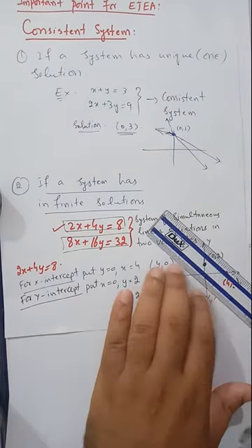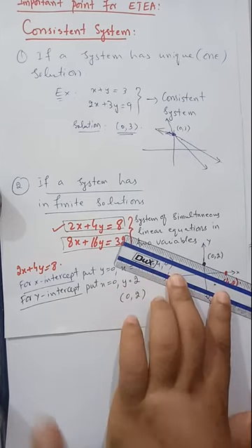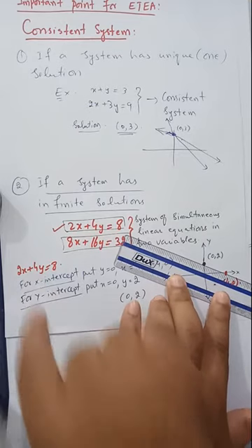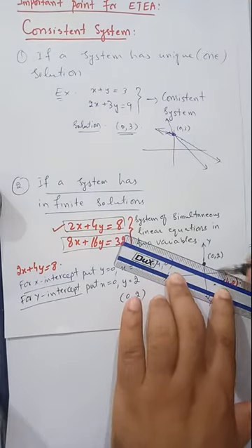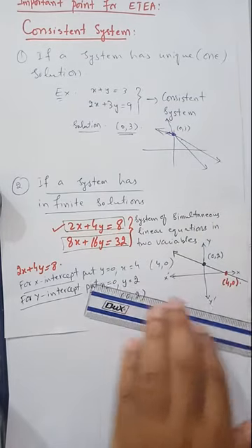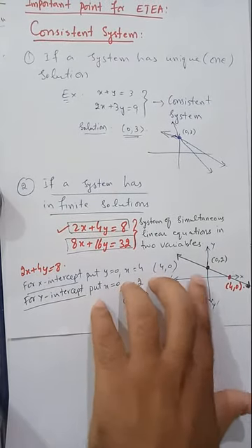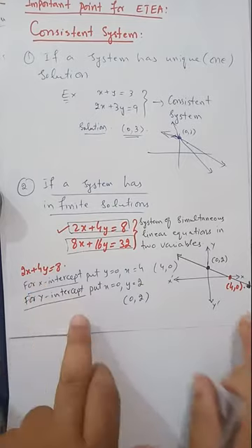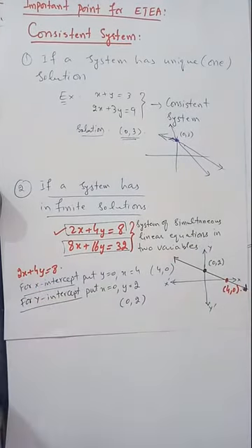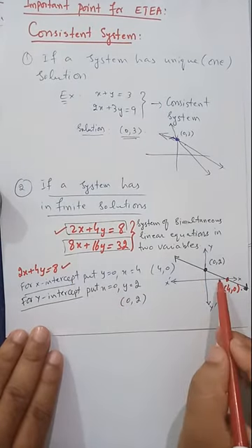Now pass a line through these 2 points, and that will be the line of this equation, meaning that line will be the graphical representation of this equation. So I am passing a line, this is the line of this equation. All the points on this line are actually solutions. So there are infinite solutions, meaning the line is made of infinitely many points. That's why for this equation every point on the line is a solution.